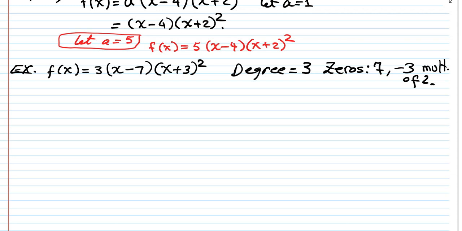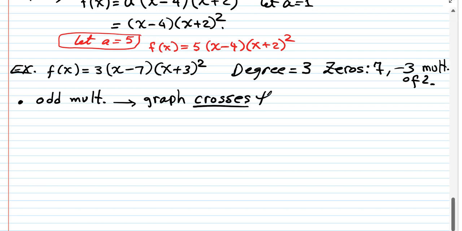Now, let's take a look at the graph. So we want to determine whether the graph crosses or touches. And keep in mind, if you have odd multiplicity, the graph crosses the x-intercept.